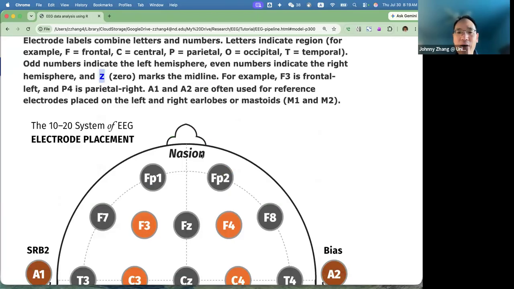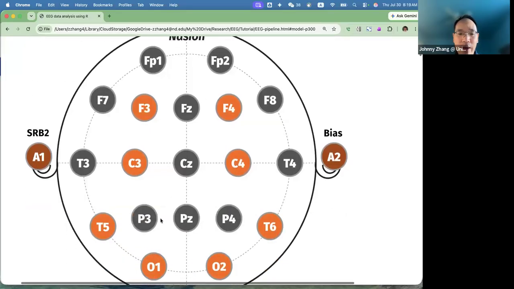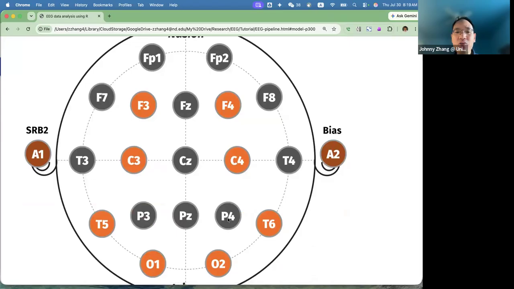If you use odd numbers, it means the left hemisphere of the head. If you use even numbers, it means right. So we have labels like F7, Fz, F8, and P3, P4. So based on the label, you already know where the electrode is placed.